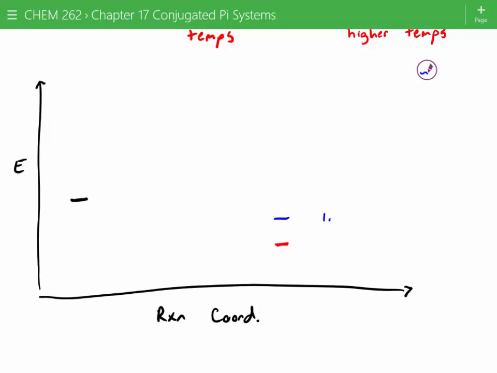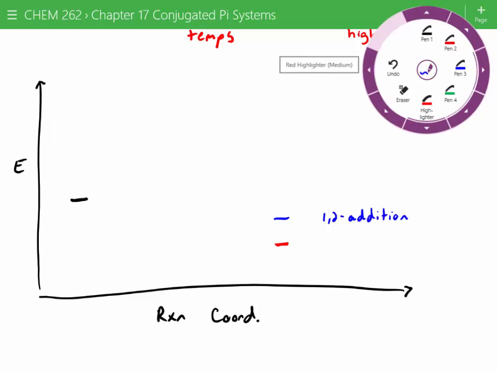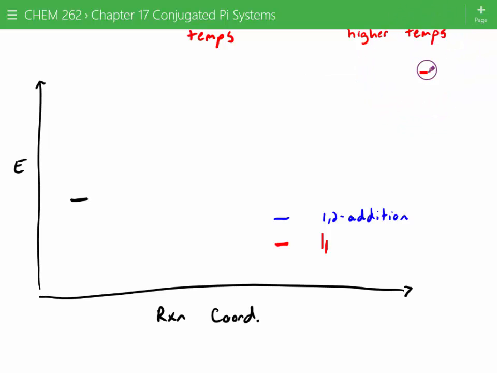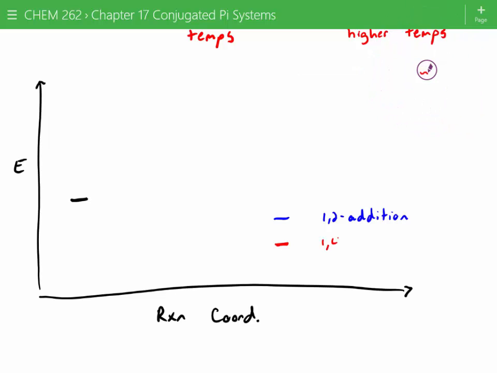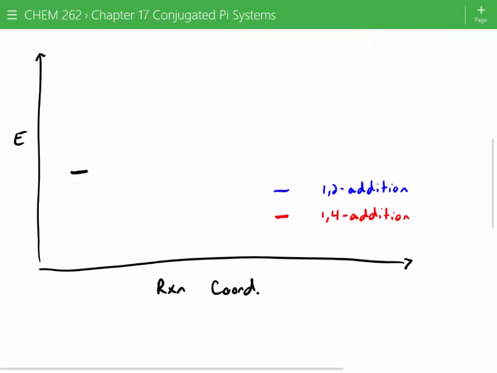So let's label these. 1,2 addition. And then red will be 1,4 addition. And we said that with 1,4 addition, it's more stable, but it has to have reorganization. That bromide has to go around to a different side of the molecule. That takes energy, so it's going to have to go more uphill.